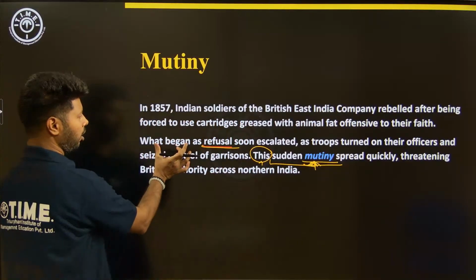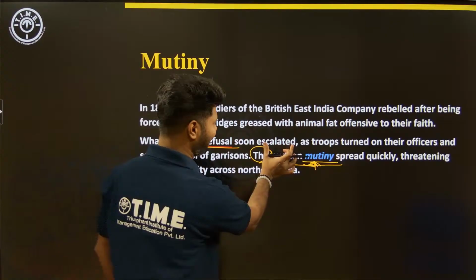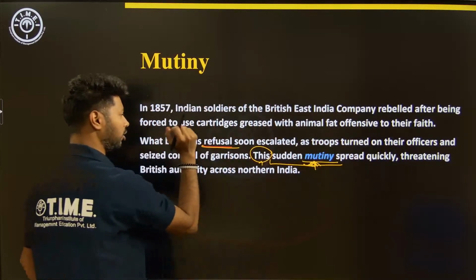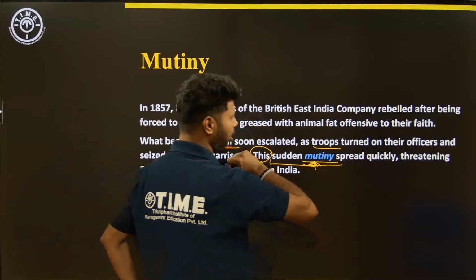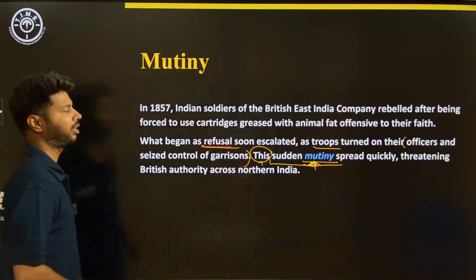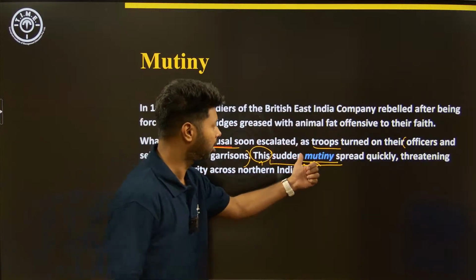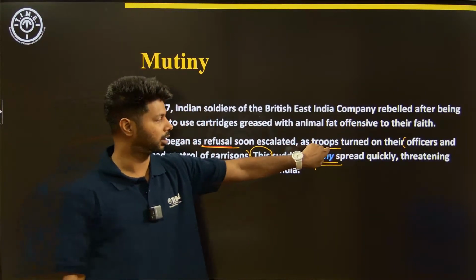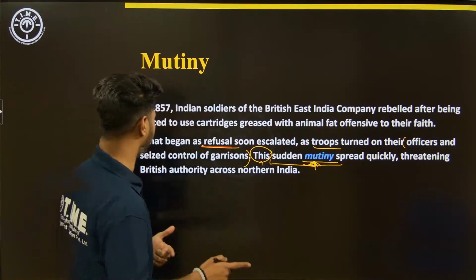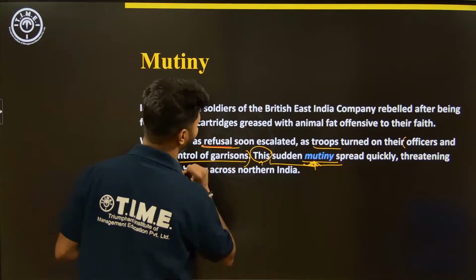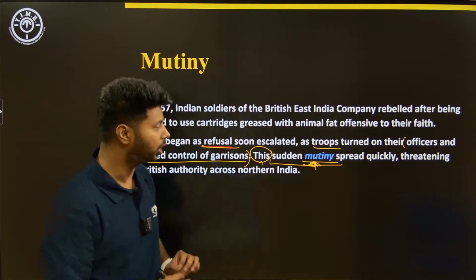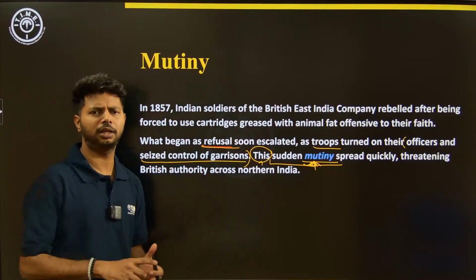Okay. Refusal, escalation. Escalation of refusal by the troops turning on their officers and seizing control of garrisons. What is the action that has taken place? The action that has taken place is a bunch of troops turned on their officers, went against their officers, and seized control of garrisons. This action is being termed as mutiny. Therefore, what would I understand?